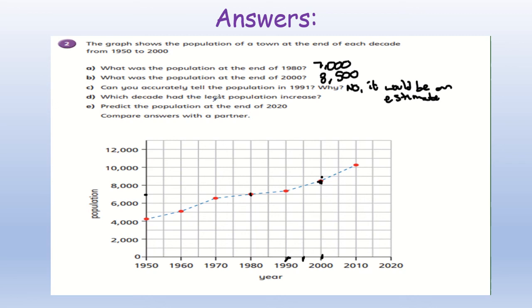Which decade had the least population increase? So that doesn't mean the lowest point on the chart, it's the lowest increase. That means the less distance going up between 2 points. So in 1970 and 1980, it doesn't change very much if you look.